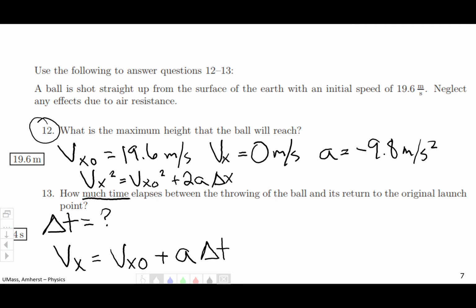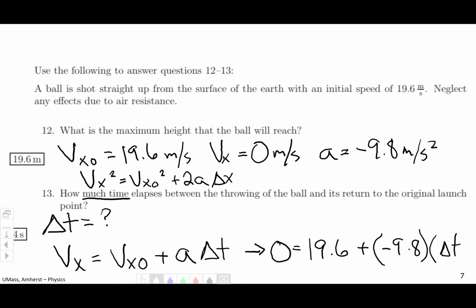not the total time that it takes to go up and then down. The easy thing is we basically just double the time that we get, because it takes just as much time to go up as it does to go down. So let's do that. We have Vx equals Vx0 plus a delta t, and if we fill that in, we have 0 equals 19.6 plus negative 9.8 times delta t.